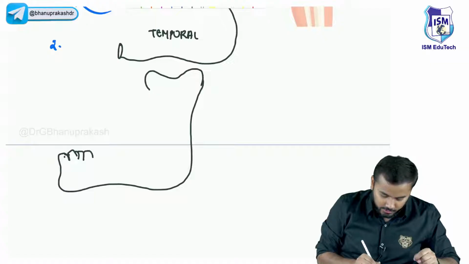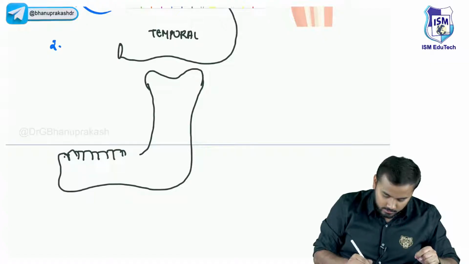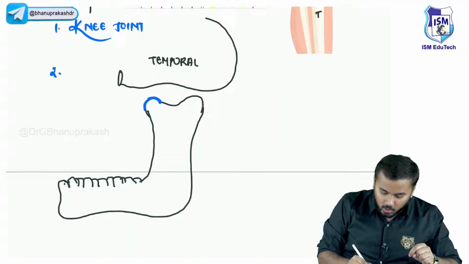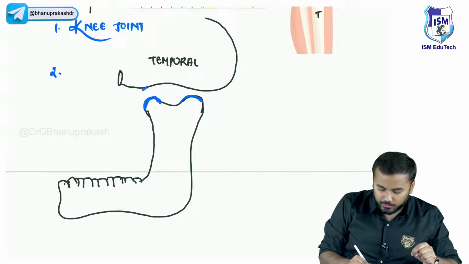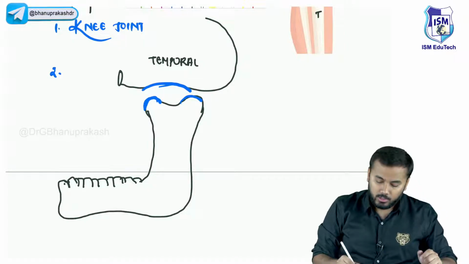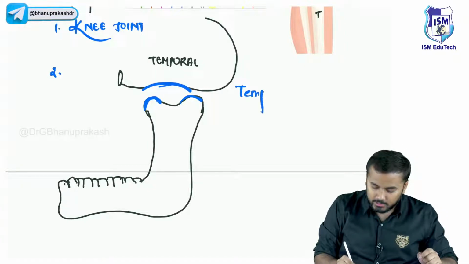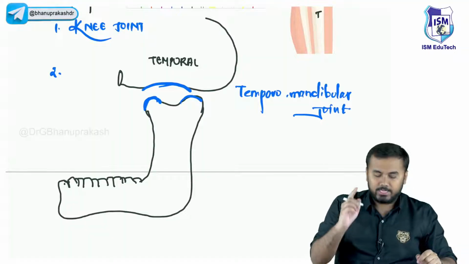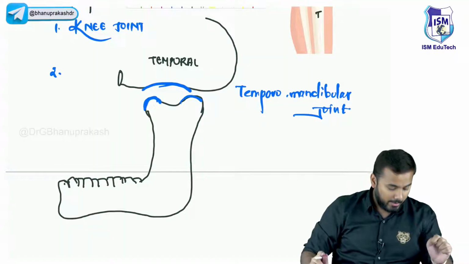And you know you have got your beautiful teeth over here. So you can see very clearly here, the convexity of one bone is fitting into the concavity of another bone. So this joint is called the temporomandibular joint. So the second important example is the temporomandibular joint.